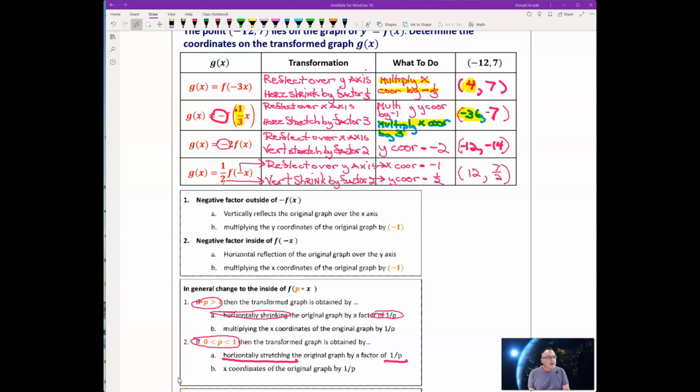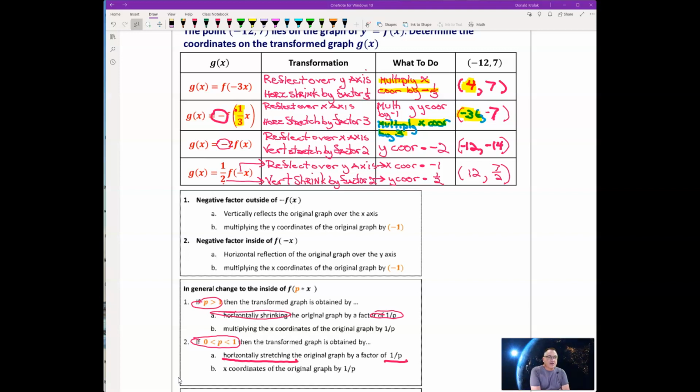All right, so our last one, we have a negative inside the parentheses, which means that the input's being multiplied by negative 1. All right, that's going to multiply the x-coordinate by negative 1, which is going to flip it over the y-axis.